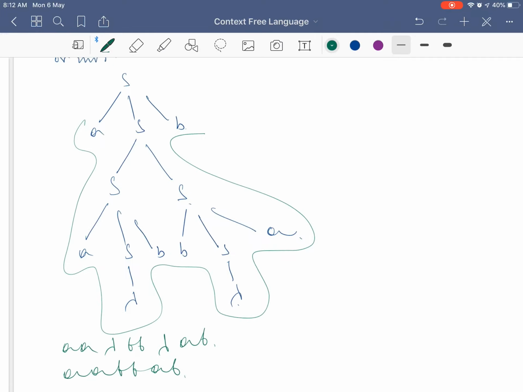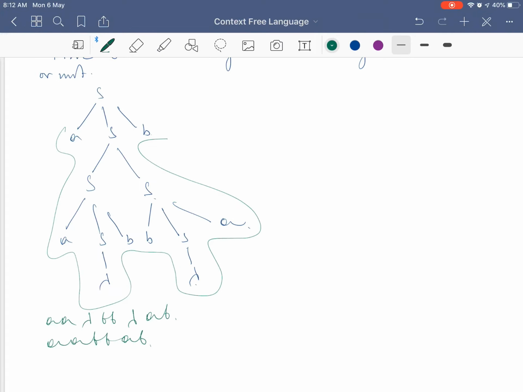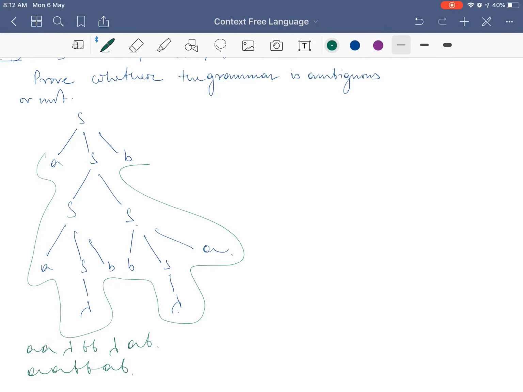Now let us check whether this string is possible or not with S to SS. Then I need, I am putting it over here, S to aSb, then again S to aSb over here, and I got aabb. Next what I need is ab again, right?